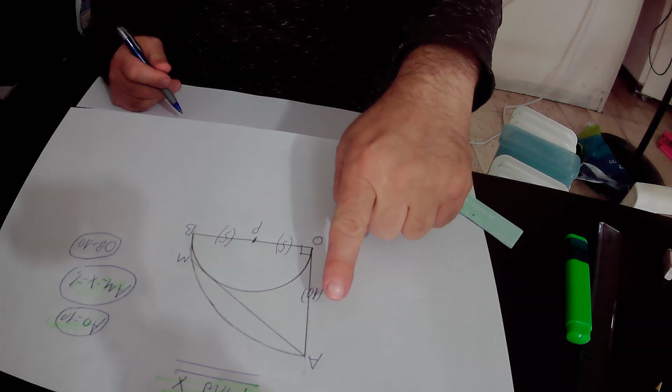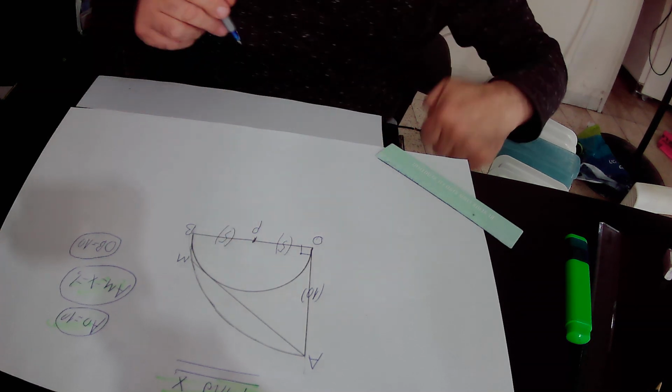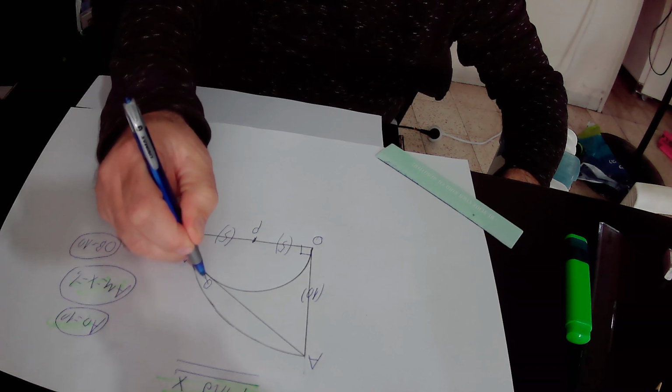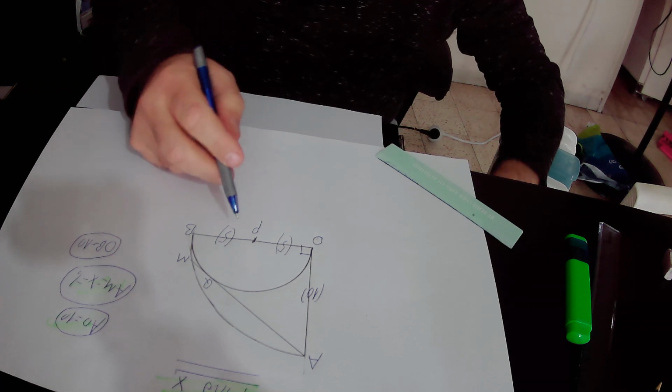We define the point of tangency of tangent AM with this semicircle, this point, as Q. And we join points P and Q together by a straight line.